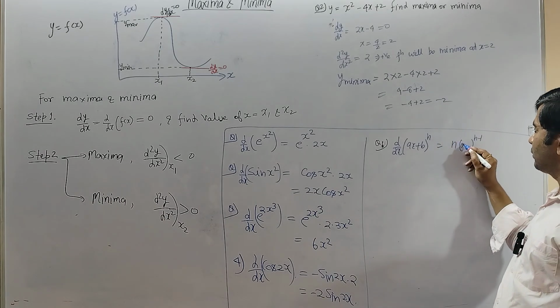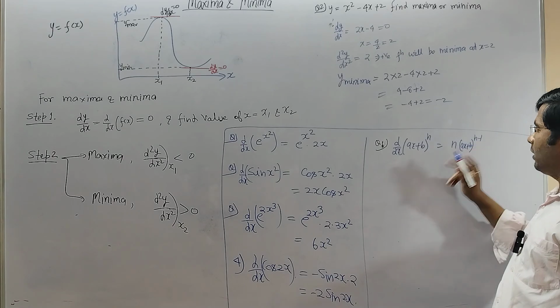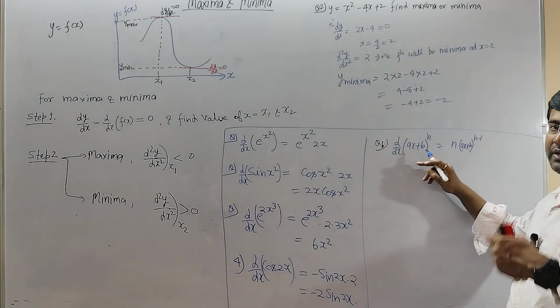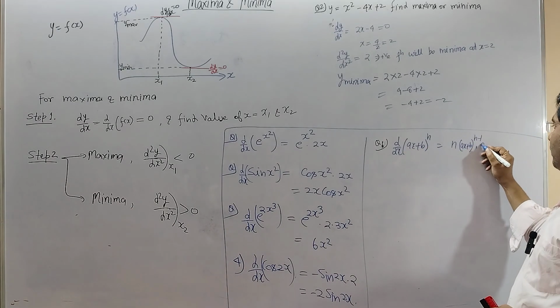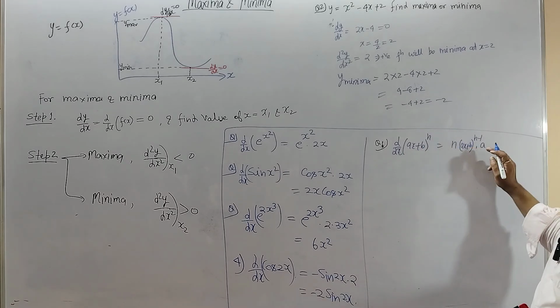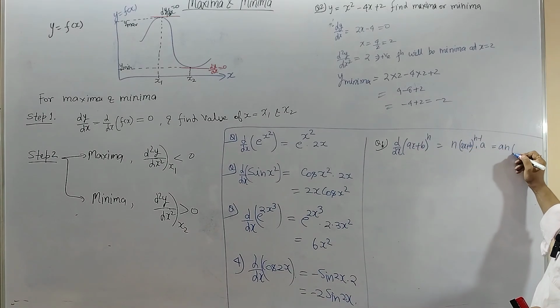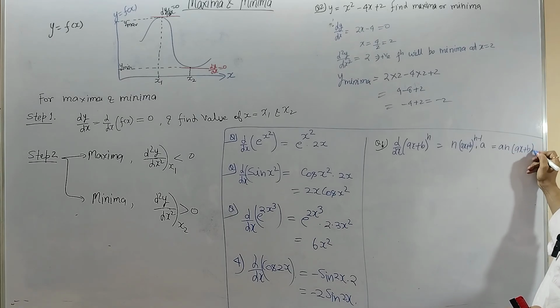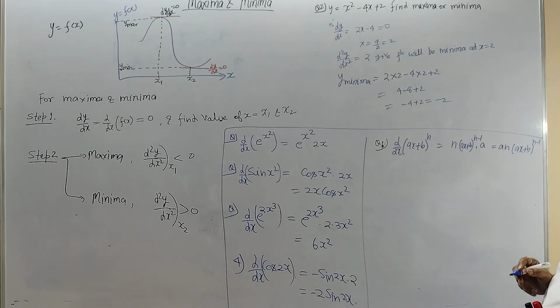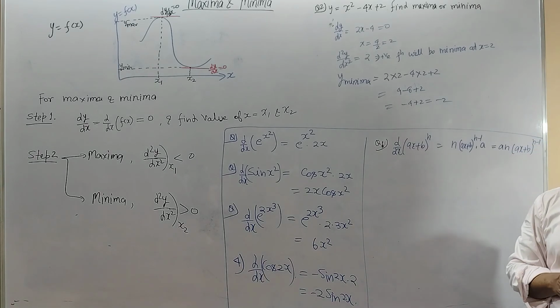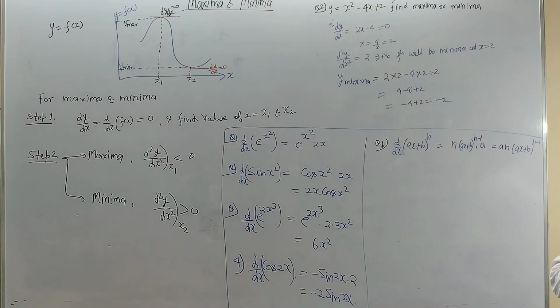But this is not x, this is ax plus b. And if this is not x, then we have to differentiate it once again. So ax plus b differentiation will be a. So answer will be a into n into ax plus b to the power n minus 1. Clear? So this is how you can differentiate.